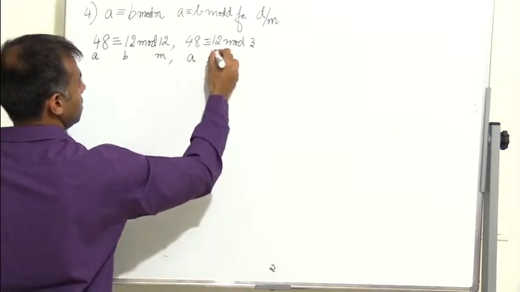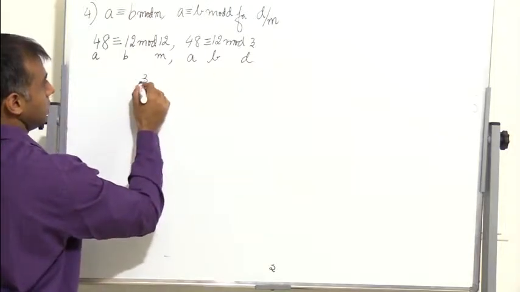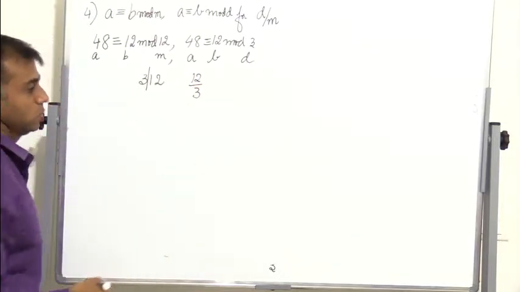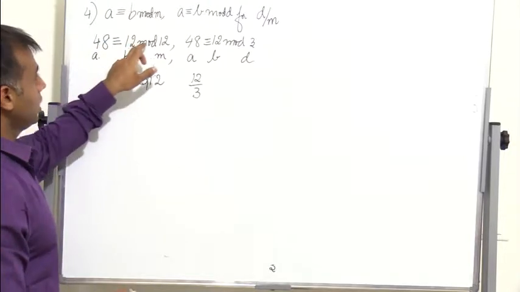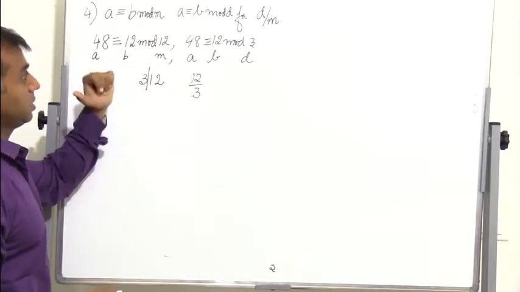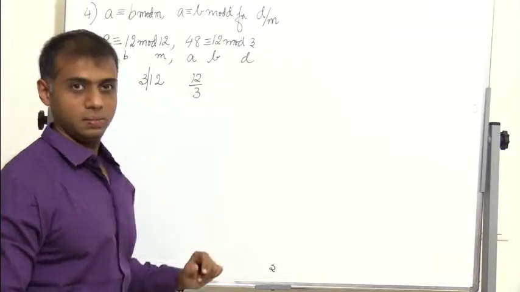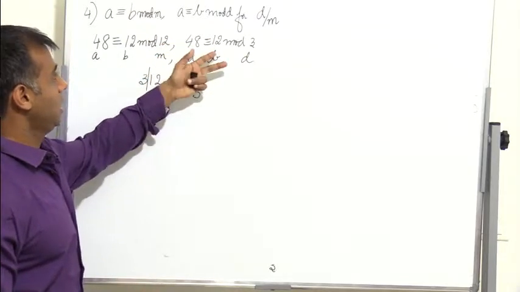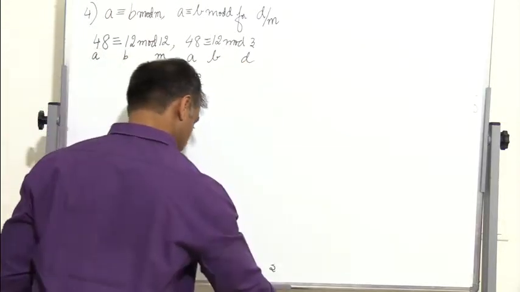So this is A, B, and D. So in this case we know that D divides M, 3 divides 12, or 12 is divisible by 3. So definitely 48 minus 12 is divisible by 12, 36 is divisible by 12, 48 minus 12 is also divisible by 3. So then in that case D divides M. So 3 divides 12. So we have seen this with an example.